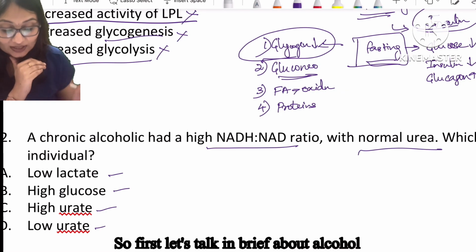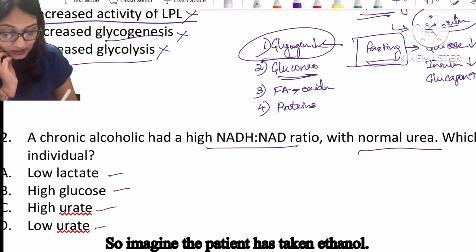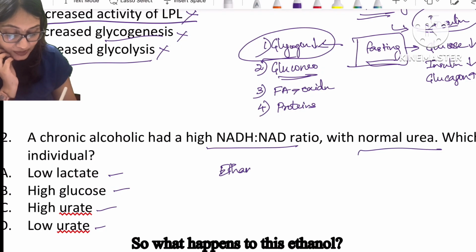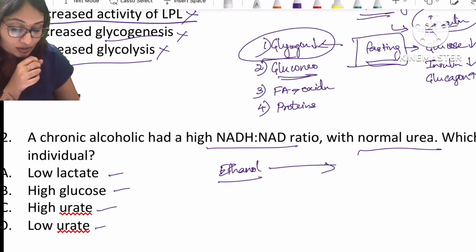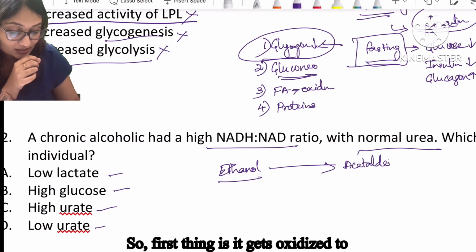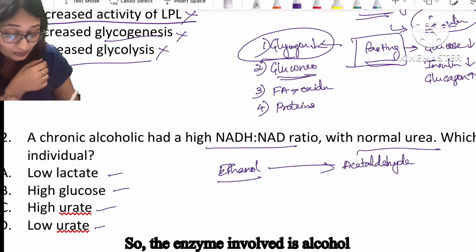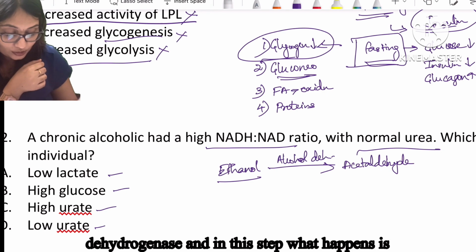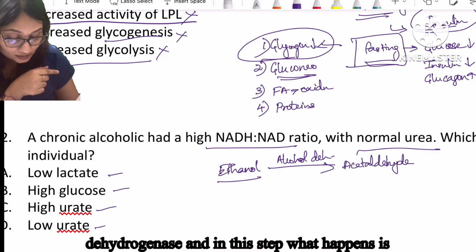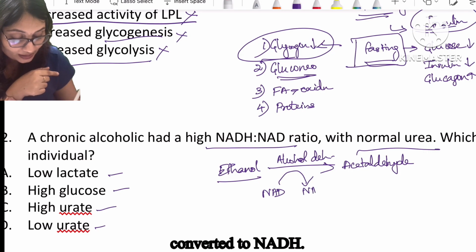First let's talk in brief about alcohol metabolism. Imagine the patient has taken ethanol. What happens to this ethanol? Ethanol gets oxidized to acetaldehyde. The enzyme involved is alcohol dehydrogenase, and in this step NAD gets converted to NADH.